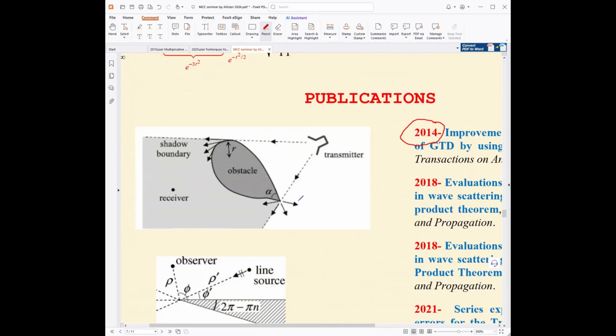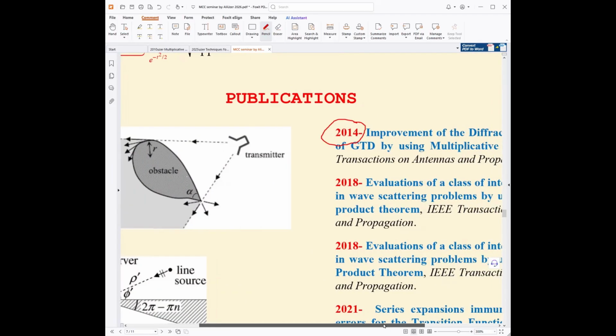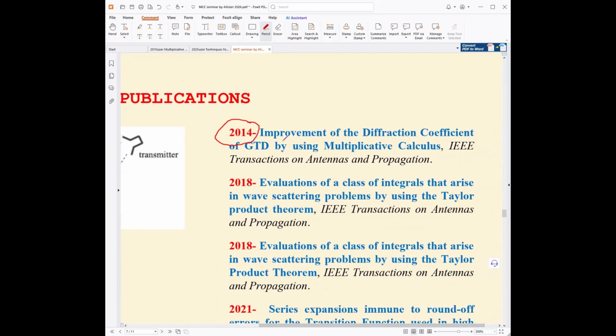There is a diffraction mechanism known in the literature of electromagnetics. Diffracted waves are calculated when making approximations. So, improvement of the diffraction coefficient of the GTD method by using multiplicative calculus.